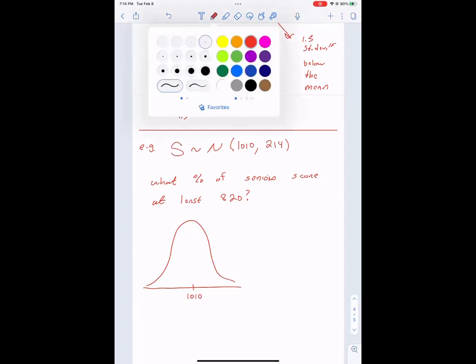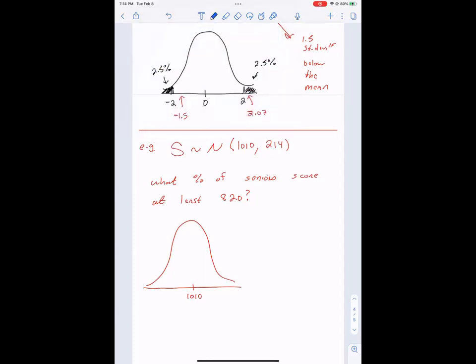Now, where does 820 fall on this distribution? Where is 820 on this density curve? On the left. Okay, can we be a little more specific? To the left of the mean. One full deviation? One full deviation does not take me to 820. If I go one deviation out, if this is sigma, then what number is that right there?